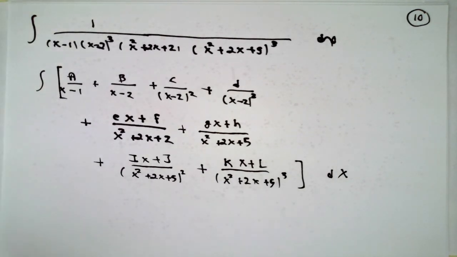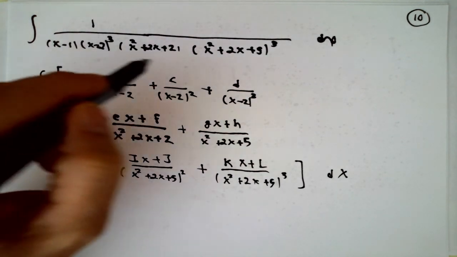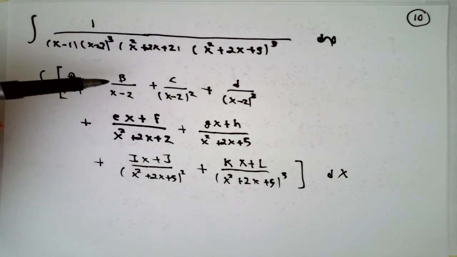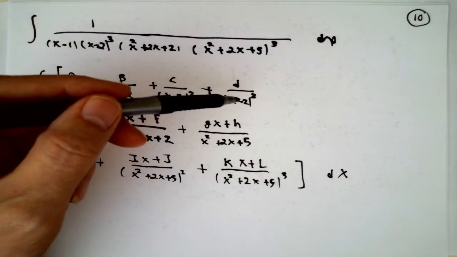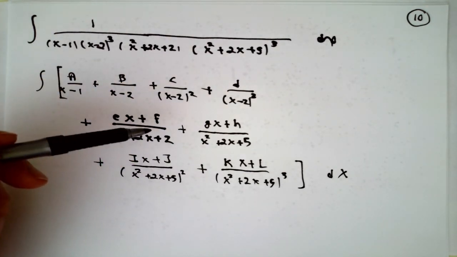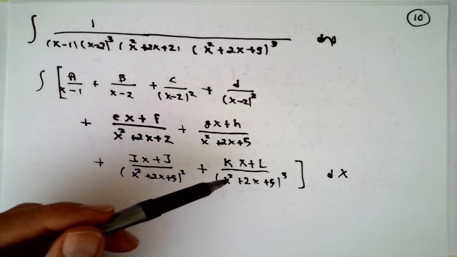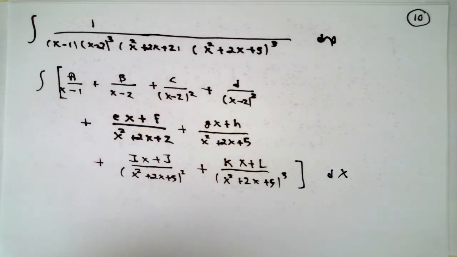Then I would write the equation down that expressed that, multiply through by the denominator, and then we would go off and try to figure out the following constants: A, B, C, D, E, F, G, H, I, J, K, and L. This obviously would be a monstrous mess, but at least in principle it could be done.